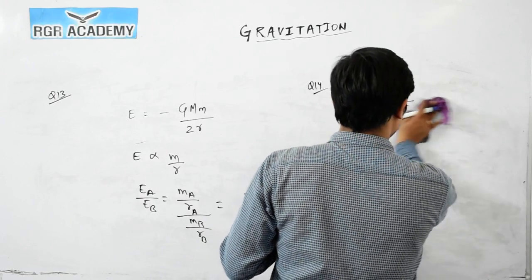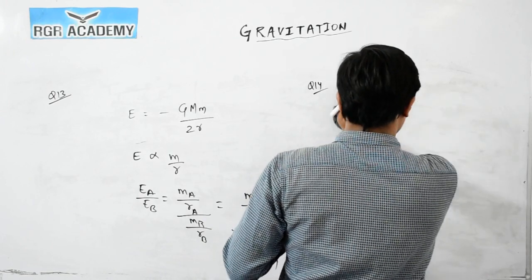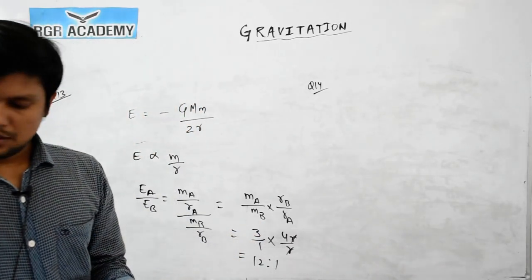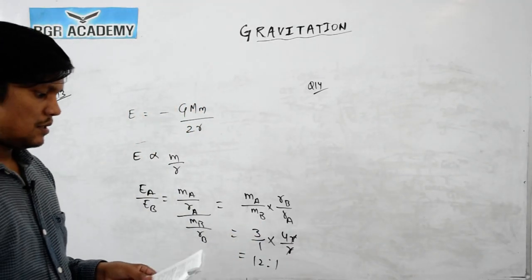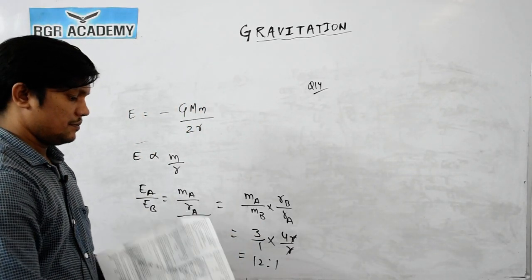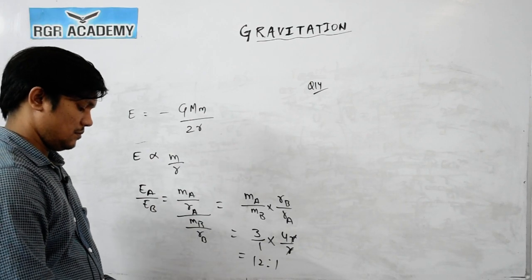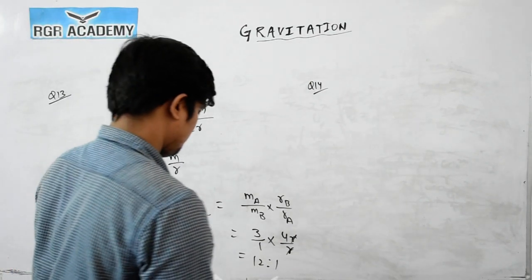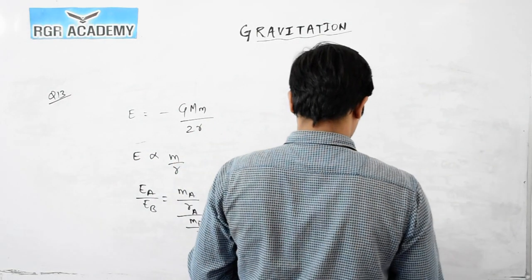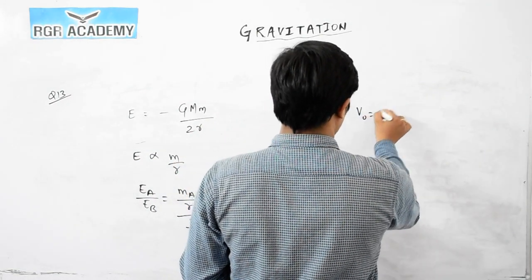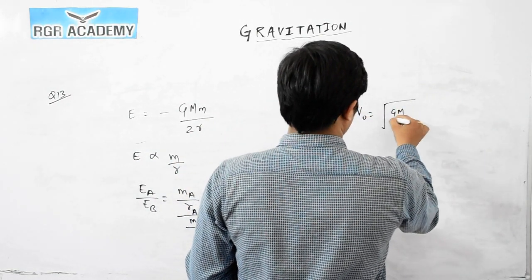Answers are given in terms of small g. Orbital speed v naught is root of GM by r.